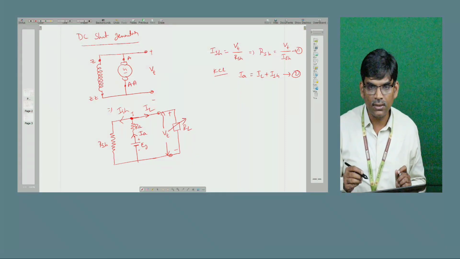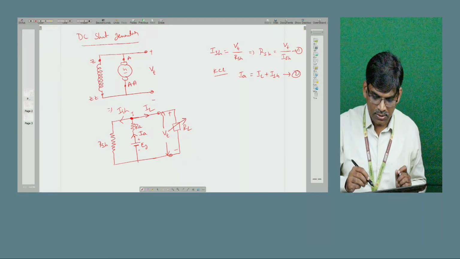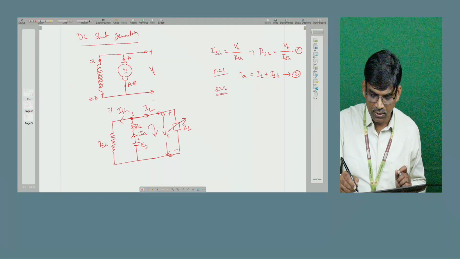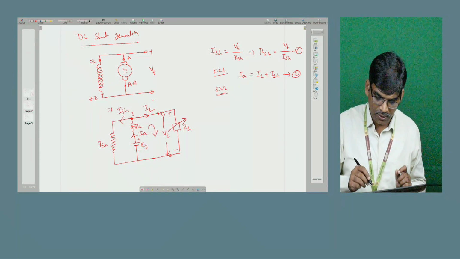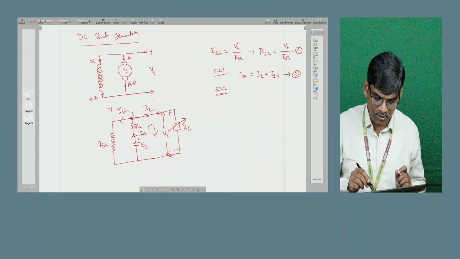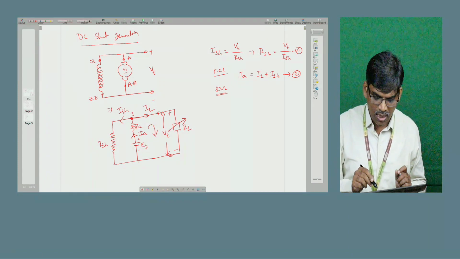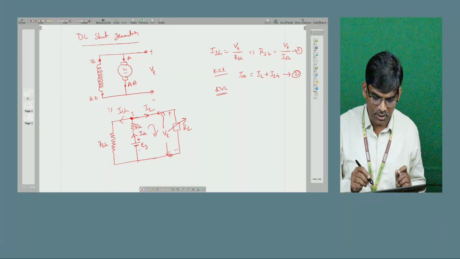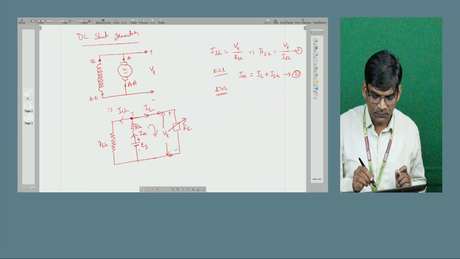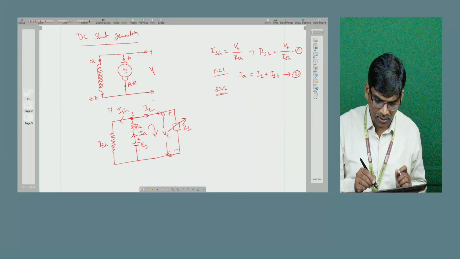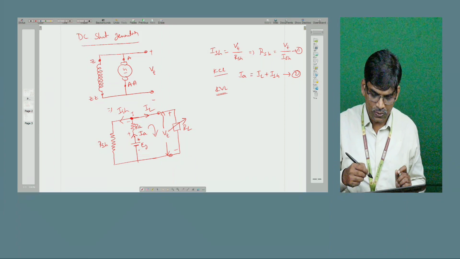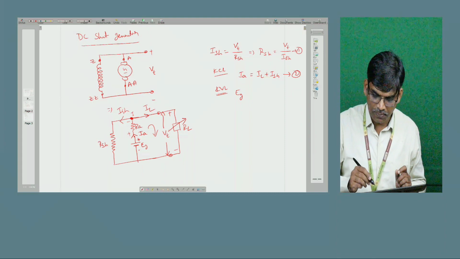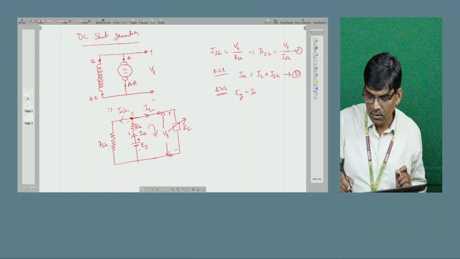And we have to relate the induced voltage and the terminal voltage. Write the loop equation in this loop and apply KVL. Here we have three voltages: the terminal voltage, the voltage developed in the armature winding, that is Eg, and the voltage drop of the armature winding, where the current enters, which goes plus to minus. Applying the loop equation, minus to plus I take as Eg, and plus to minus is automatically minus.